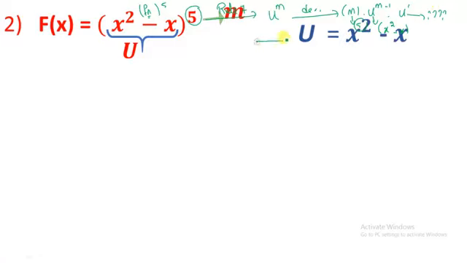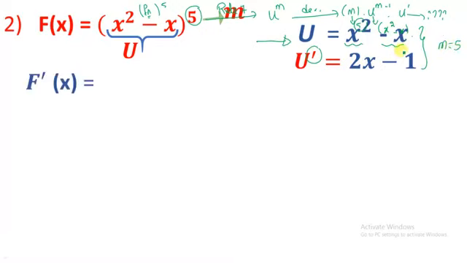So, we will suppose that u equals x squared minus x, and we will find its derivative u prime. The derivative of x squared is 2x and the derivative of minus x is minus 1. So u prime equals 2x minus 1. Now I have u prime and I have m equals 5, so I can apply the rule directly.